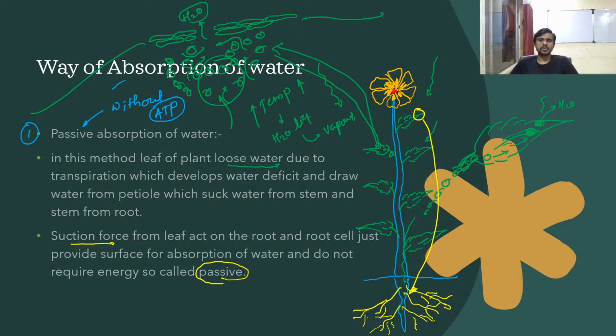It just provides a surface for the absorption, and the force or energy for the absorption is automatically generated because of water moving out of the plant in the form of vapor. This loss of water we call transpiration. Okay, so we will discuss it in the next slide.